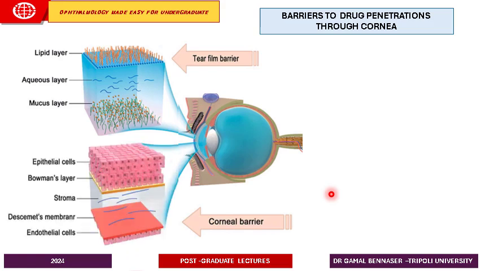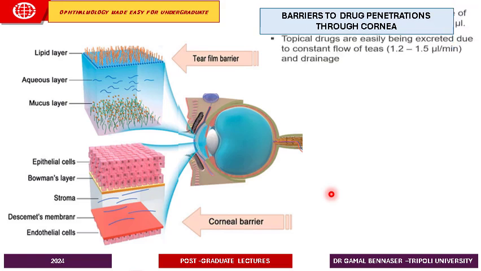Another barrier, as you know, is the 5 layers of the cornea, and of the 5 layers, 2 layers are lipophilic, that's the epithelium and the endothelium, and the stroma is rich in water, so it is an aqueous layer. So the drug should also be able to bypass these 2 different layers, the lipophilic layer and the hydrophilic layer.